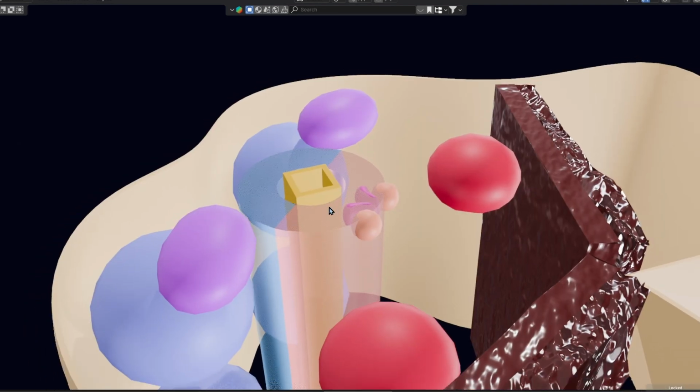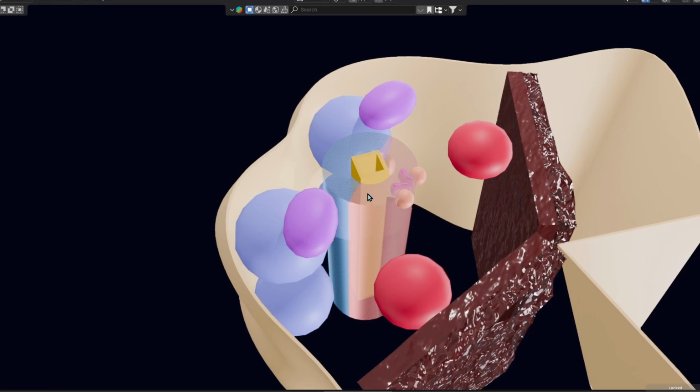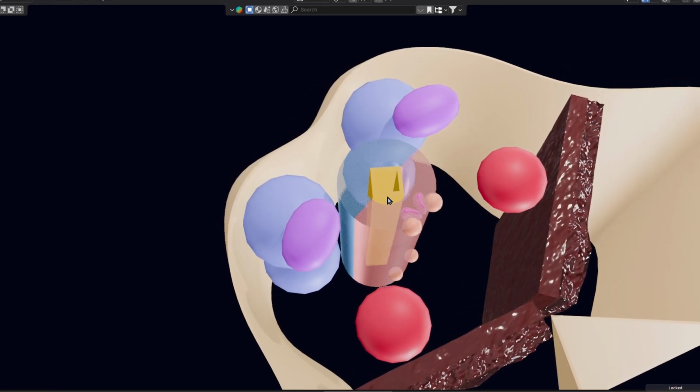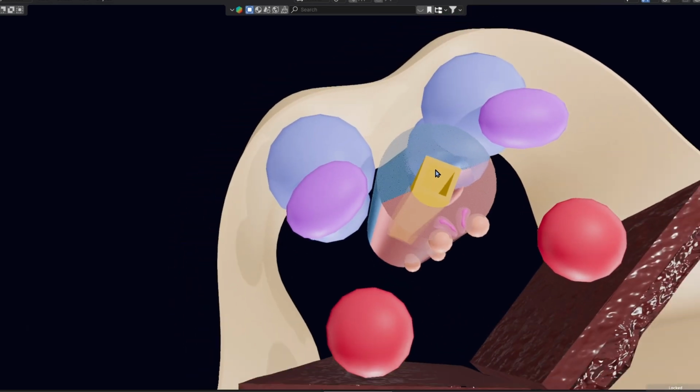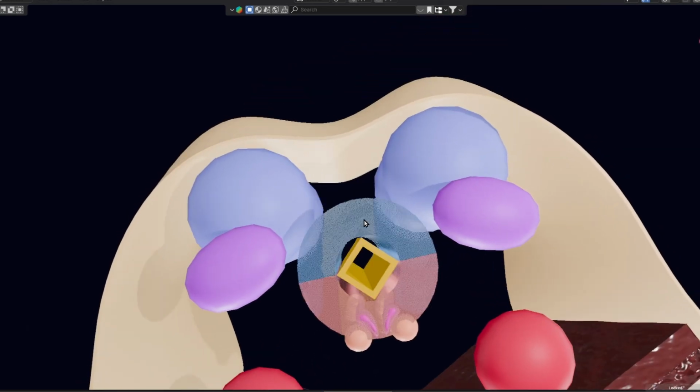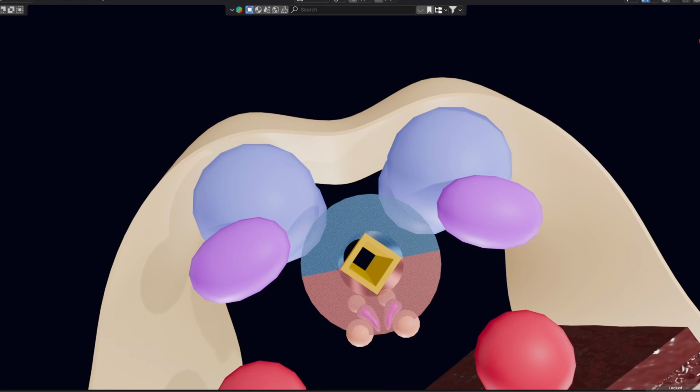And of course, surrounding this central canal, which is now the central aqueduct of Sylvius, is some gray matter, and this gray matter is called periaqueductal gray matter. Peri means surrounding, and aqueduct is of course the aqueduct of Sylvius, so it has a very logical name.